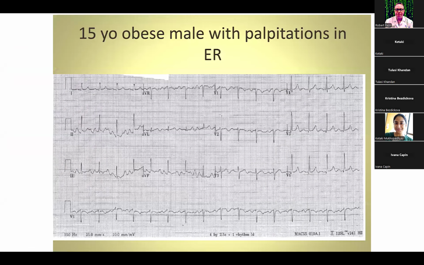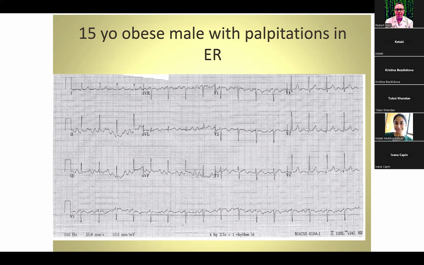This is a 15-year-old obese male who comes to the emergency department with palpitations. So we ask Dr. Bezdakova if she has any thoughts on this tracing. Good morning, Dr. Pass. So looking at this tracing, remember, I do sometimes try to trick you.